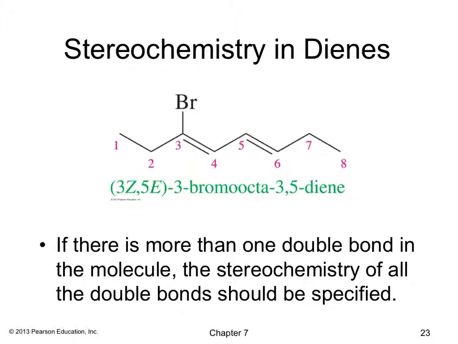And then on this, you have this carbon and this carbon on the opposite side, so it would be 5E. So again, the Z and E's are italicized in parentheses, and it's 3Z, 5E, 3-bromo-octa-3,5-diene.